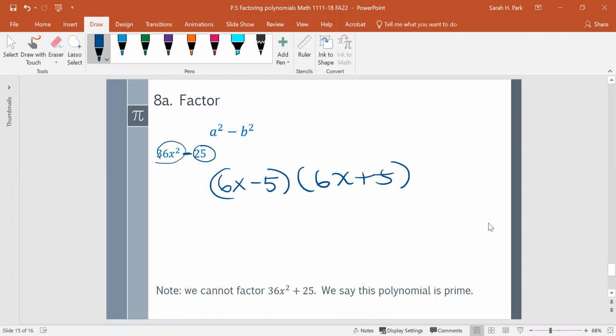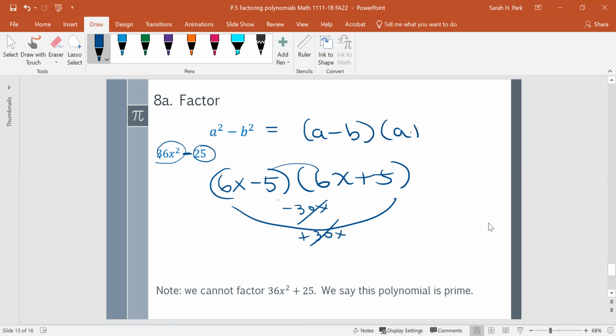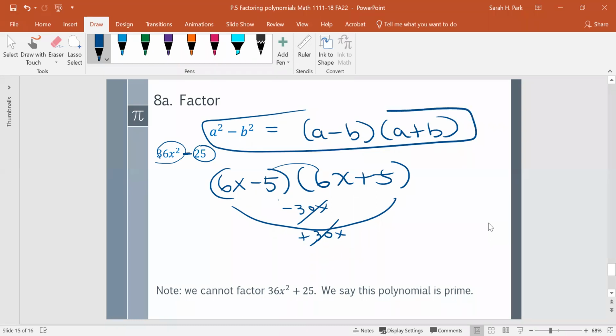That's because the inside term, which is negative 30x, and the outside term, which is positive 30x, end up canceling each other out. So that's why you don't have an x term. In general, the formula a squared minus b squared always factors out to a minus b times a plus b. This is a handy formula to just memorize.